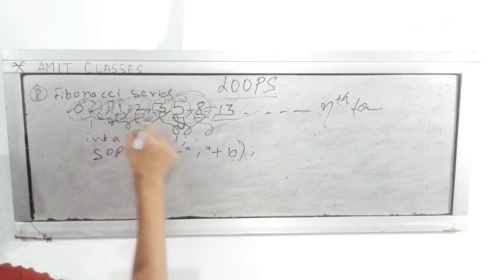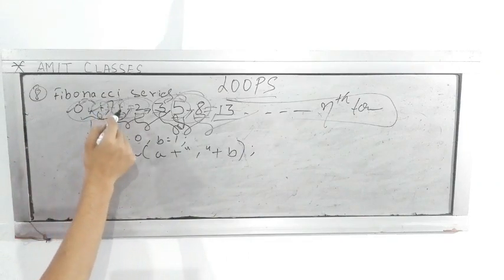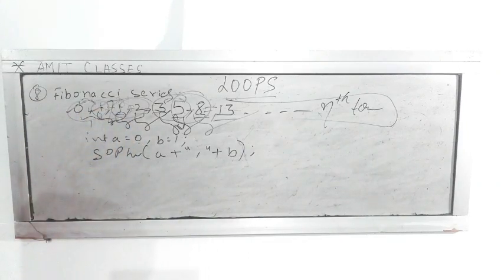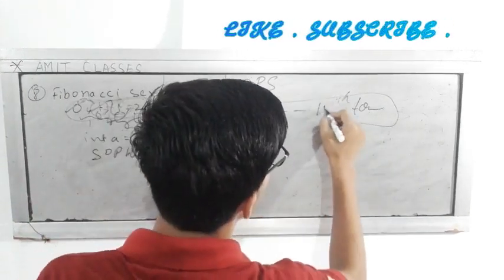Now we have to write for the terms after the second one. So for this we have to run the for loop, and we have to find up to the 10th term.